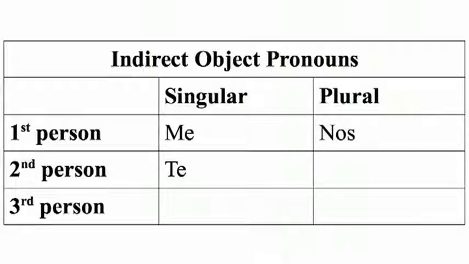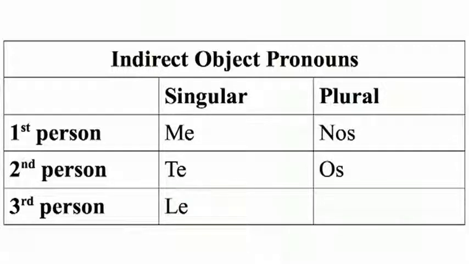You'll use nos, to or for us. You'll see just a regular a nosotros or para nosotros here. For the second person plural, if you're in España, you'll use os, to or for you plural. And you'll just be replacing a vosotros or para vosotros. Then you only have to add two more.